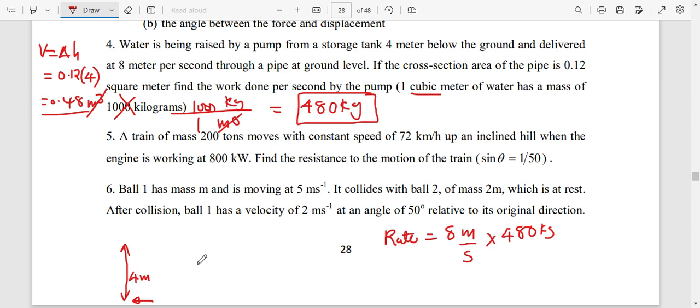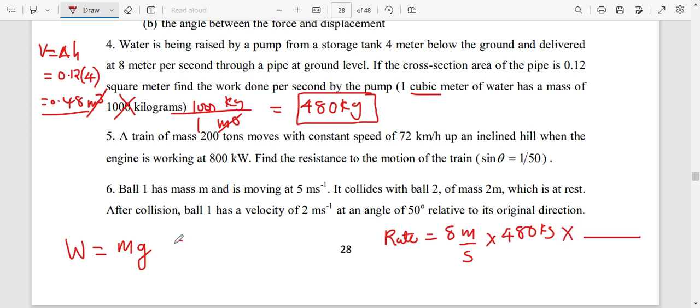We already know how to convert mass to weight. Weight is mass times gravity. So if I want to convert this value, which is mass, into weight in newtons, simply multiply by gravity.